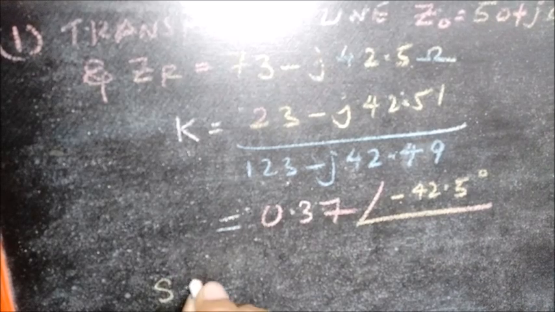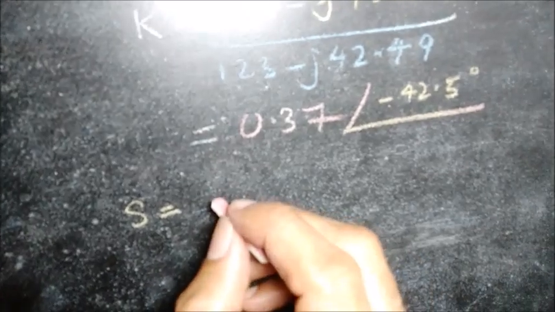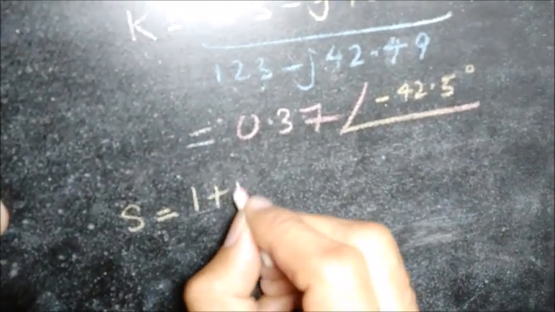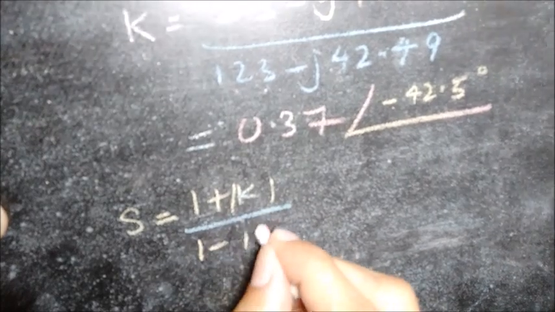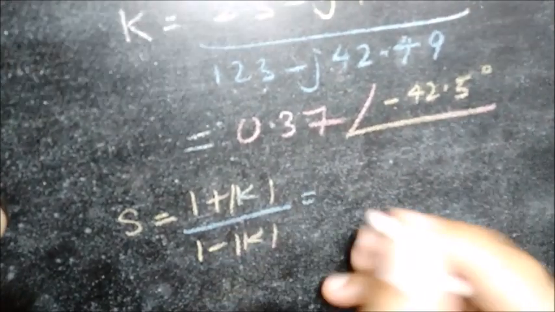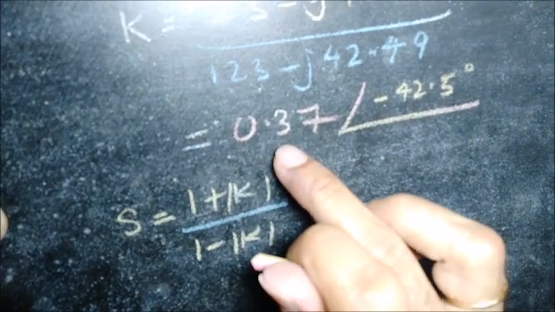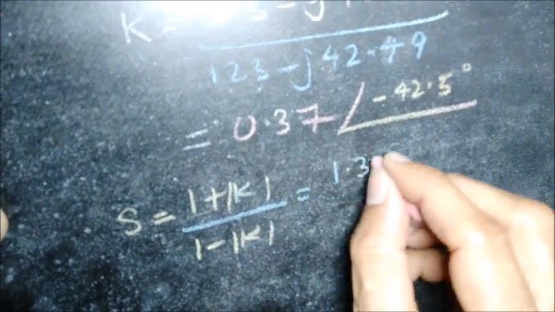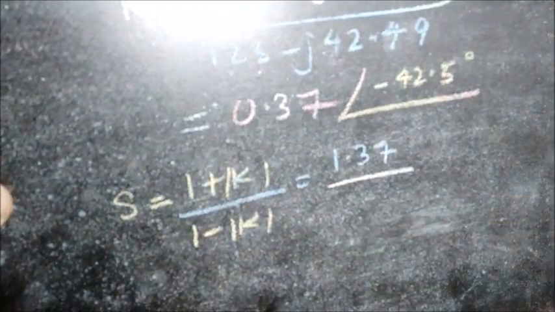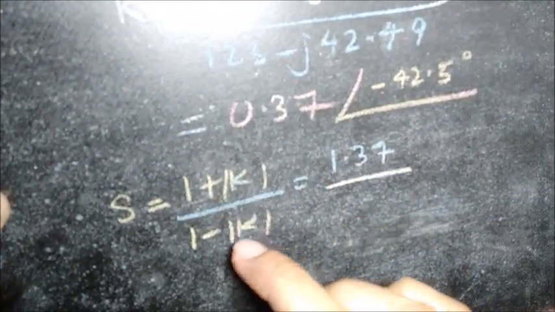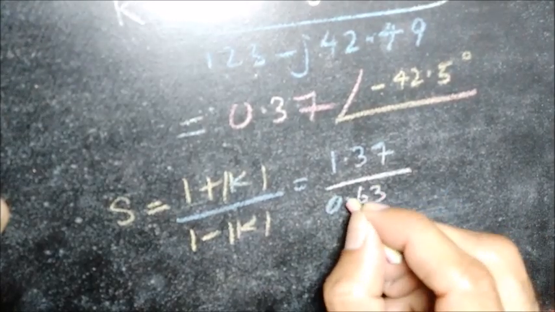Now S, the standing wave ratio, that is the next part of the question. We have to find the standing wave ratio. We know the standing wave ratio is 1 plus magnitude K, as discussed just now, divided by 1 minus magnitude K. K we have already found out. So magnitude of K is 0.37. So 1.37 divided by 1 minus 0.37, which is 0.63.